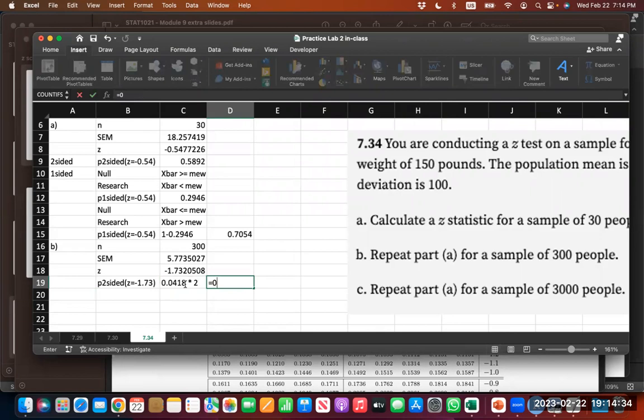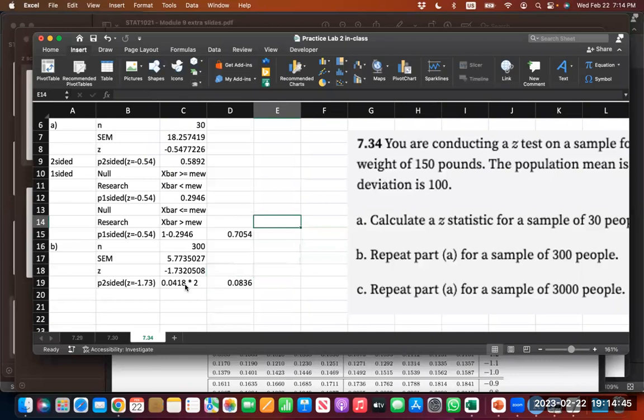So that's 0.0418 multiplied by 2. So that's 8.4%. So that's the conclusion: not reject. Equally here, we're not rejecting.